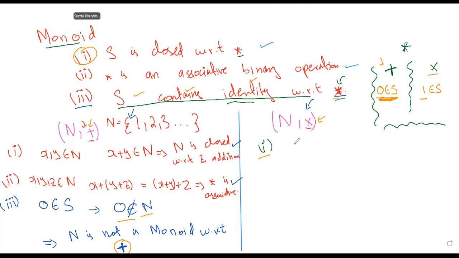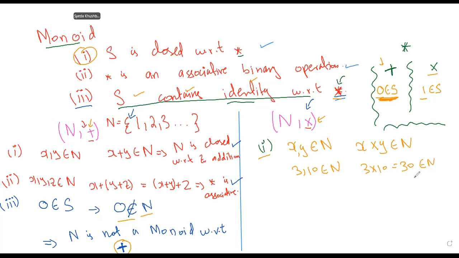So if we pick up two numbers, let's say x and y, belonging to the set of natural numbers, we need to have x into y belonging to the set of natural numbers, right? Okay, very good. So Asma, if I pick up, let's say, 3 and 10, because in the set of natural numbers I have all the positive whole numbers, their product would be in the set of natural numbers, right?